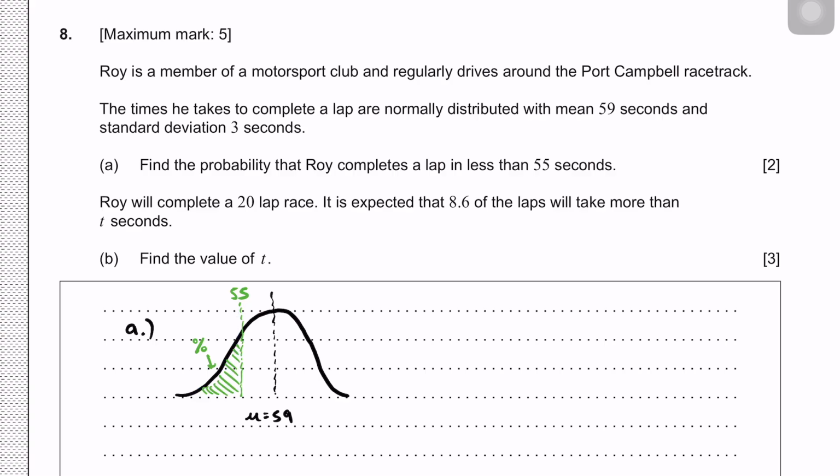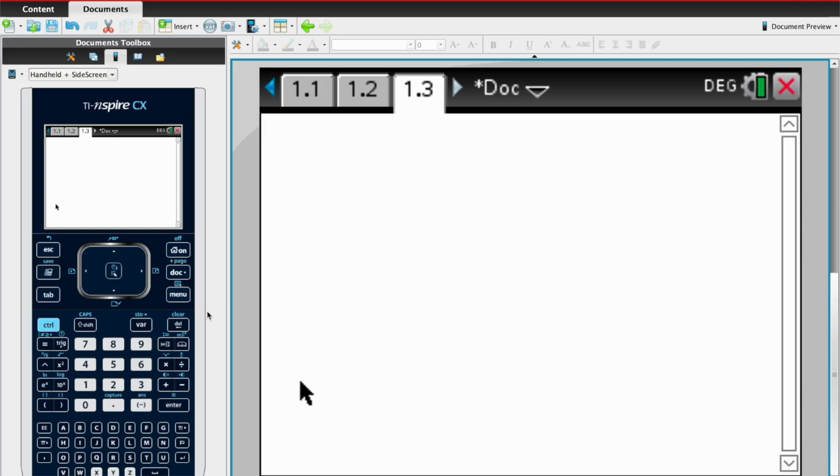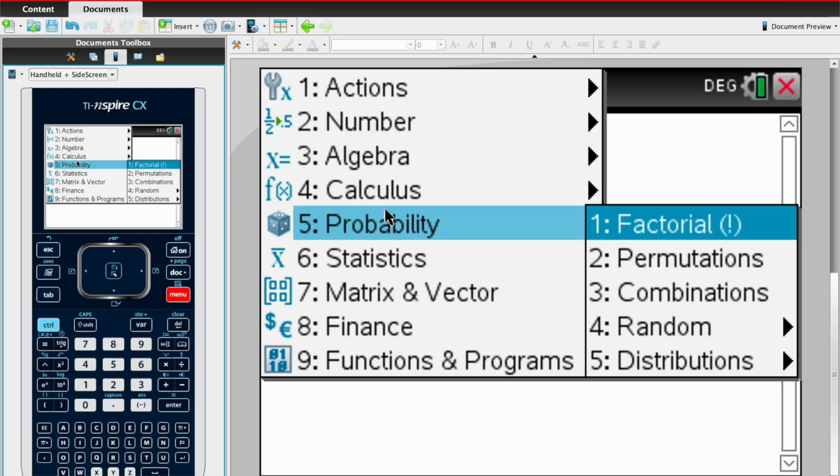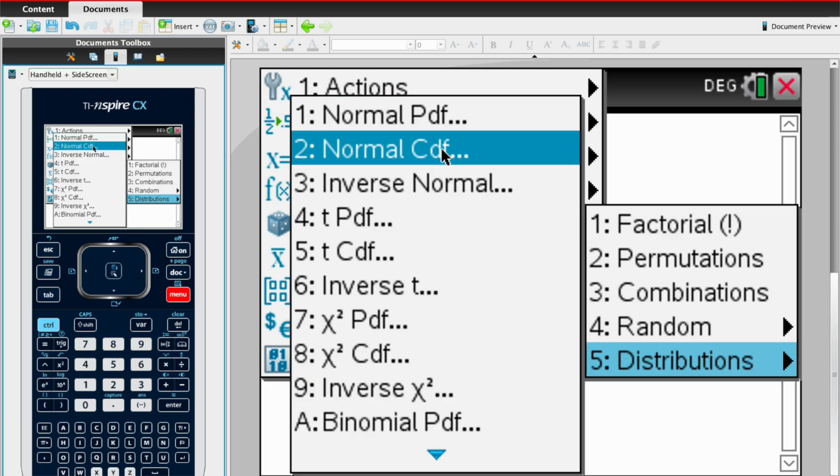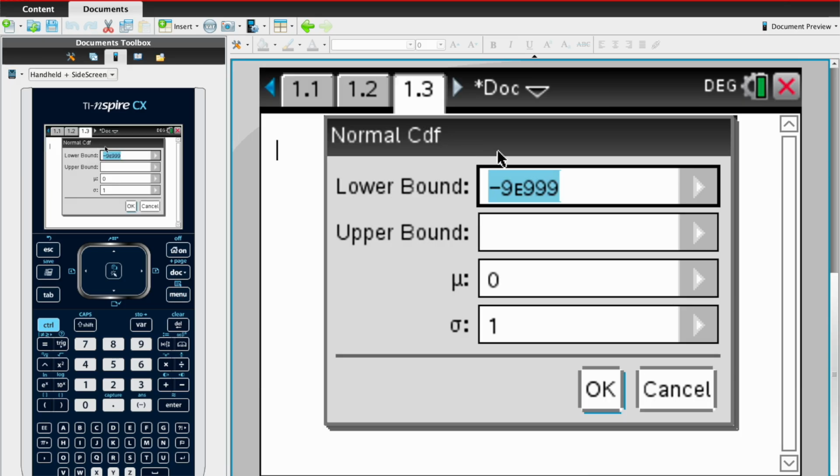Let's go ahead and work this out with normal distributions. So menu, probability, distributions, and in this case we want normal CDF. Our lower bound we can keep as this super small negative number, but we want to go all the way to 55 seconds. Our mean is 59, and our standard deviation is 3.